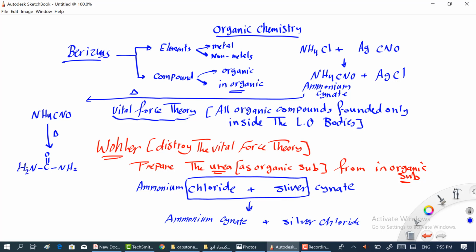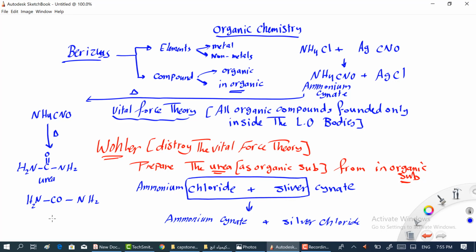By another way, this compound is called urea. The carbon is attached with the oxygen, then one nitrogen at the right side and one nitrogen at the left side, with 4 hydrogens, H2 H2. Let's make it simple.